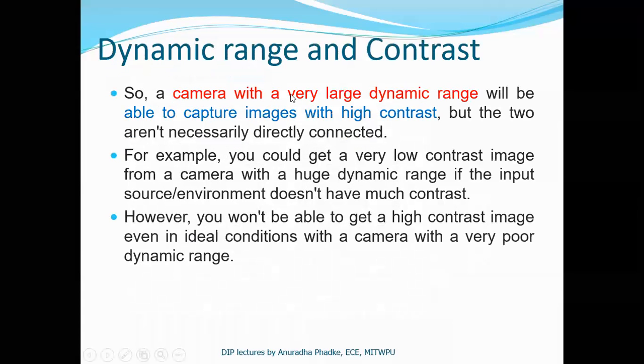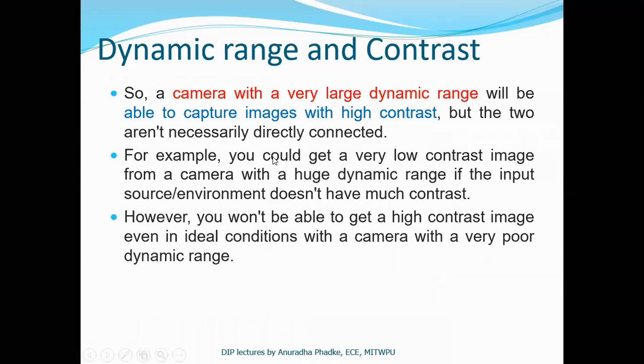A camera with a very large dynamic range will be able to capture images with high contrast, but the two are not necessarily directly connected. Dynamic range is related to the capturing device, and contrast is related to the captured image data.